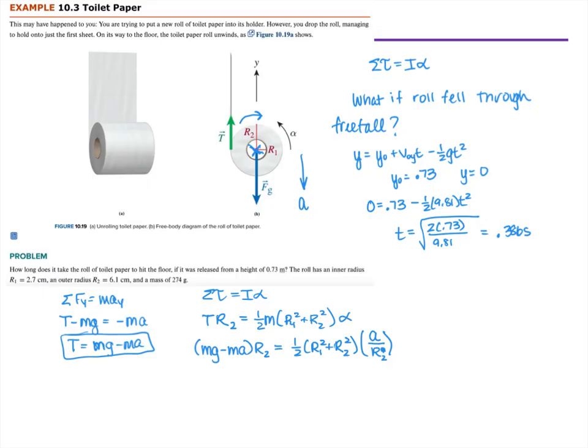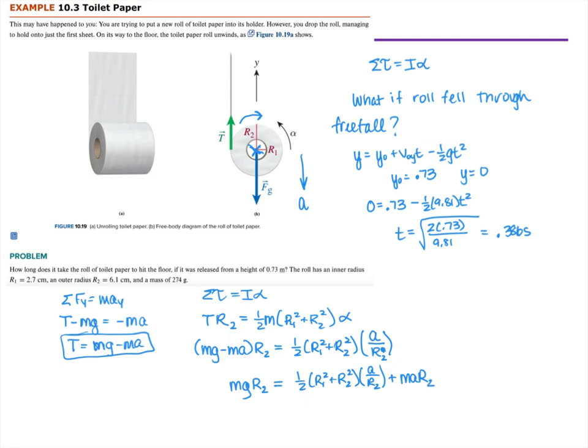We don't have too much. We have mg on the left-hand side times r2, and then I have 1/2 r1 squared plus r2 squared times a over r2, and then plus m a r2.